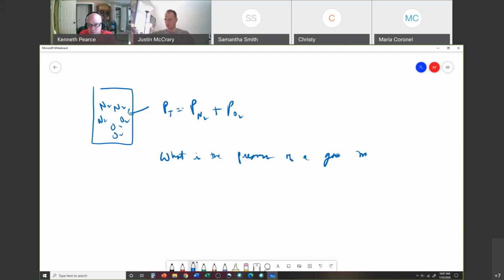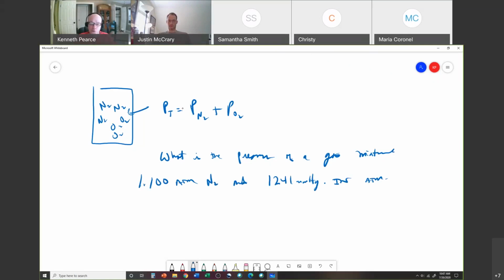You've got a gas mixture and it's 1.100 atmospheres N2 and, let's say, 1241 millimeters mercury, in atmospheres.